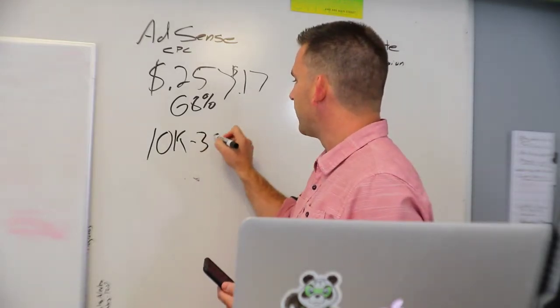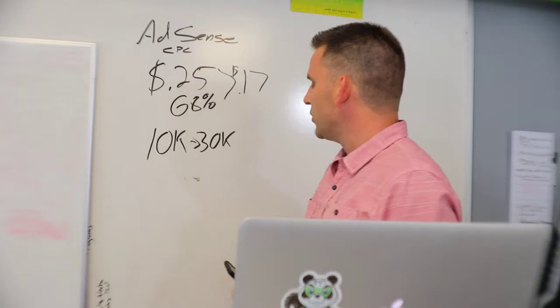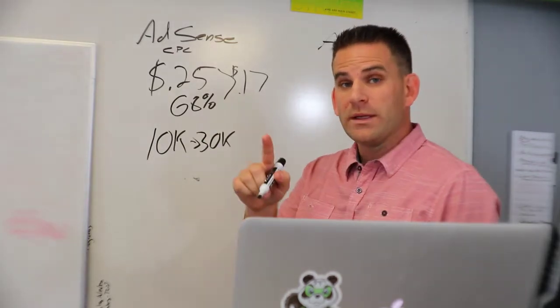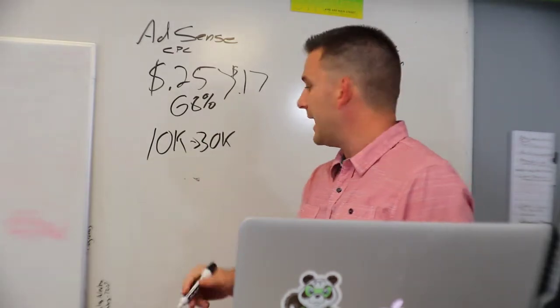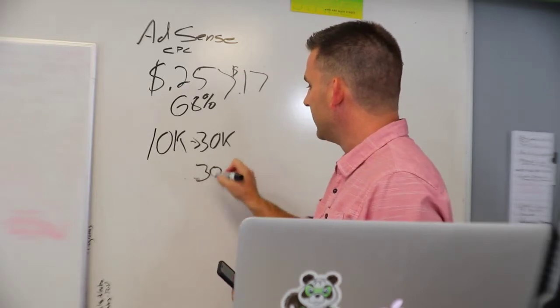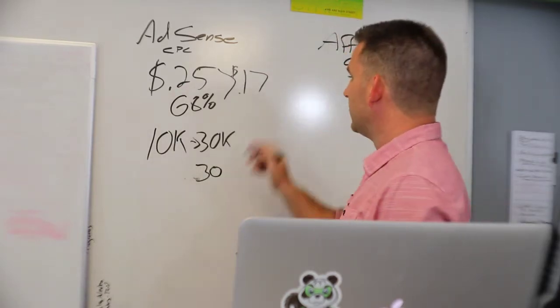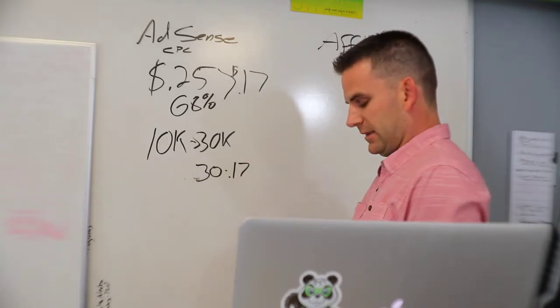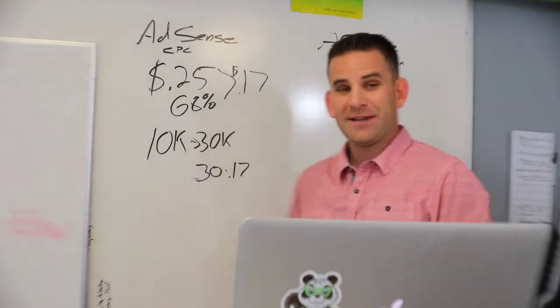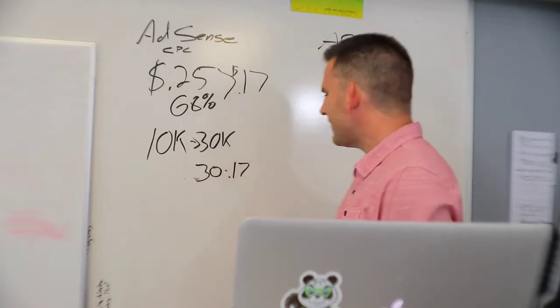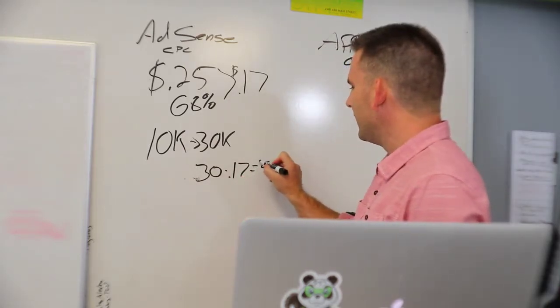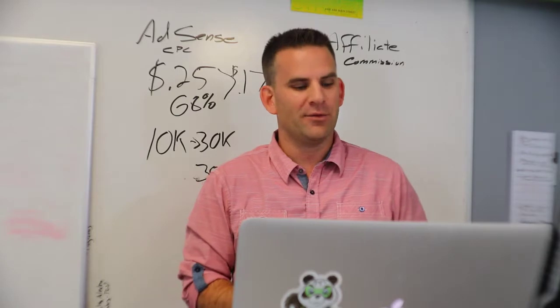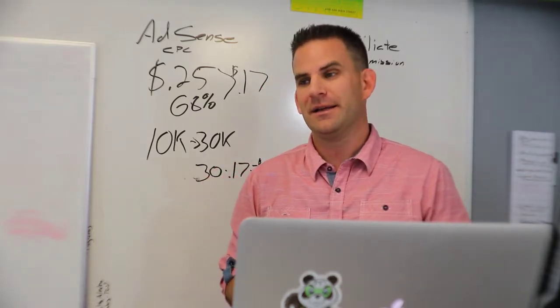So now you've got 30,000 ads that you show a month. You get 1 click per 1,000 on average, so you're getting 30 clicks a month times 17 cents. Let's see, that would be $5 in revenue. So, you know, it's not going to do a lot for you. The headache isn't going to be worth it.